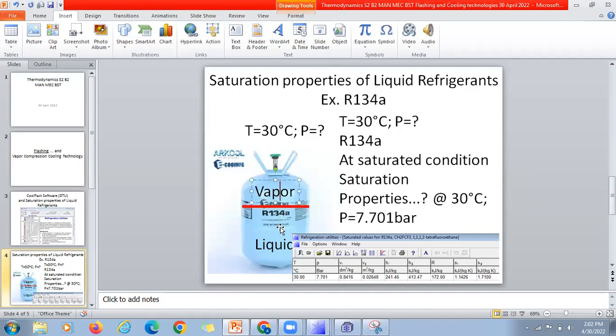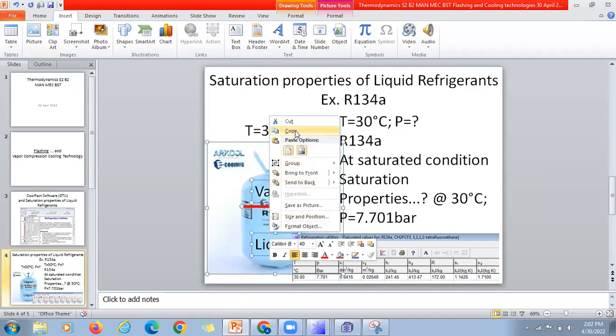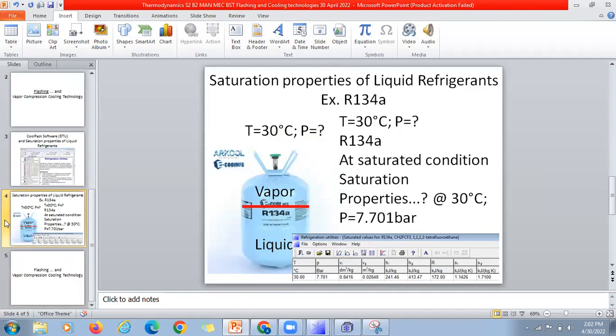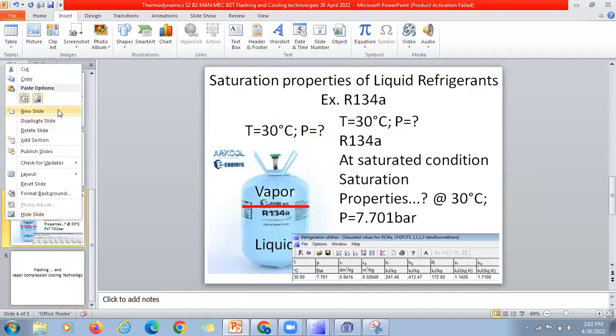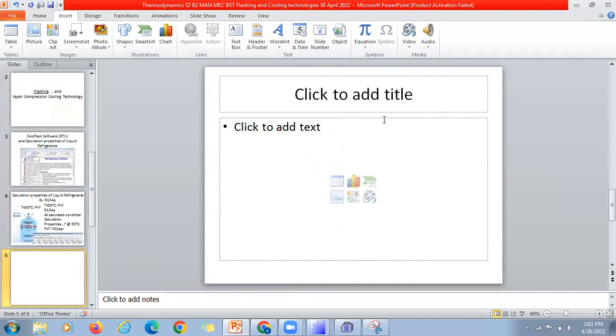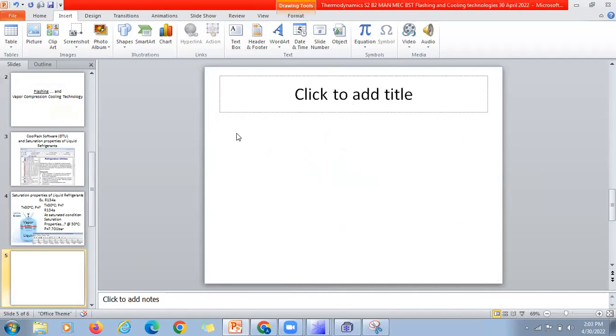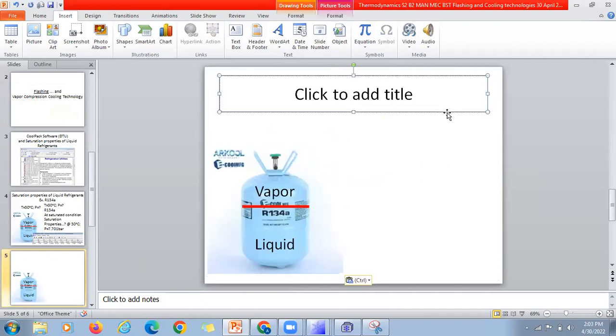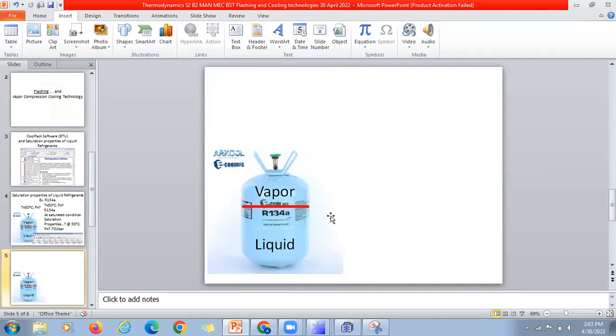Now I will go for a new slide. It's okay. Vapor, liquid. Below this red line, liquid.